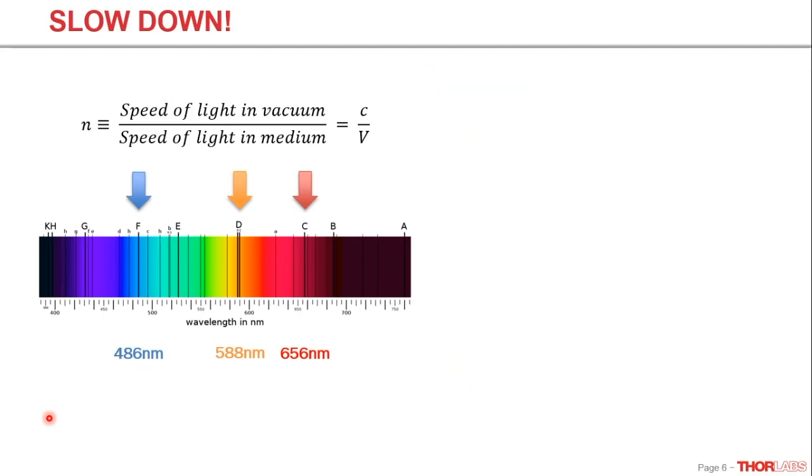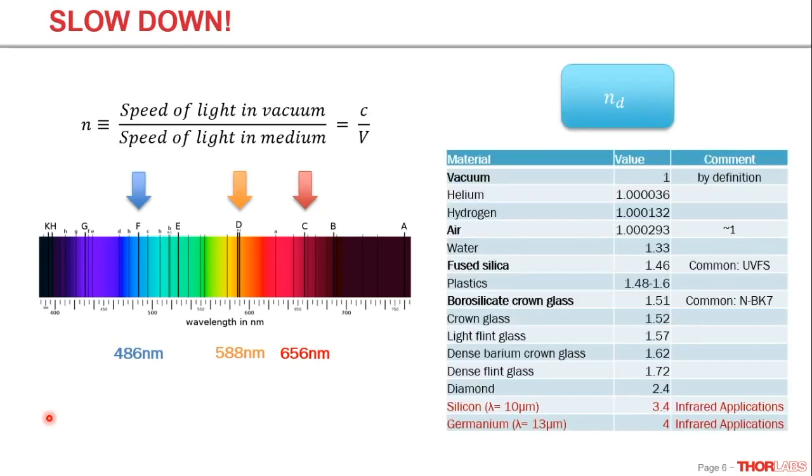They correspond to 486 nanometers, blue, 588 nanometers, orange, and 656 nanometers, red. D3 is the most commonly referenced of them all, and typically denoted by a lowercase d. The index of refraction for the D line is then represented by n subscript d.